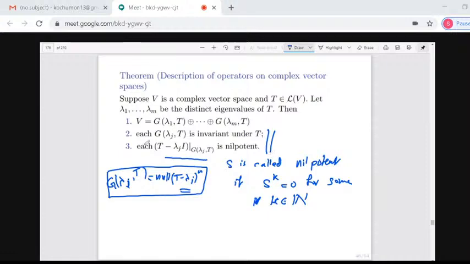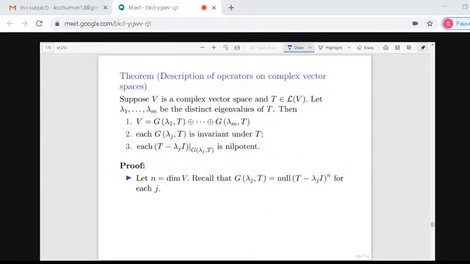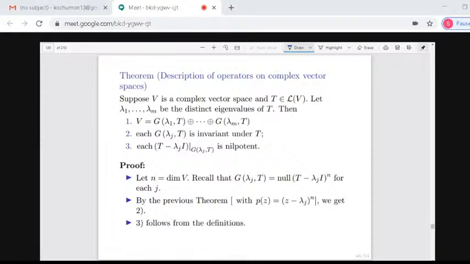So we already have these two things. The only main thing to show is that V is a direct sum of G lambda j T. Parts 2 and 3 follow essentially from the definitions and the previous lemma. Now we try to prove the first.